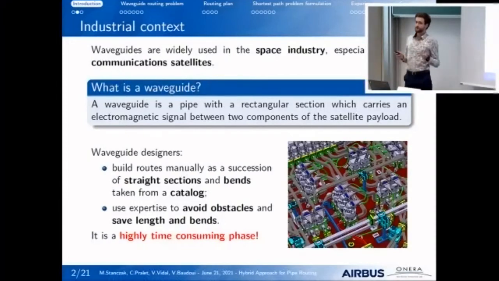The routes of these waveguides inside the payload are often built as successions of straight sections and bends taken from a catalog. The designers use their knowledge to avoid obstacles and to save length and bends as much as possible. However, it is a highly time-consuming phase, and this is why we need an automated procedure to route these waveguides.